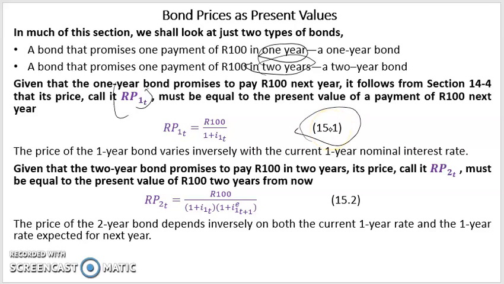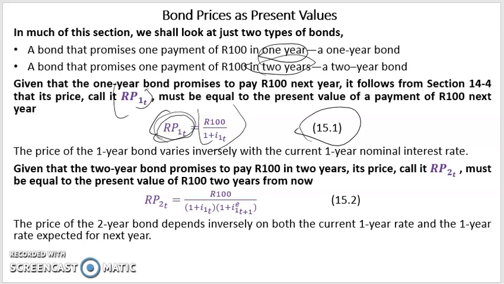This is shown by equation 15.1, which shows that the price of the 1-year bond is equal to the discounted value of what is promised to be paid by the bond. This equation basically tells us that the price of the 1-year bond varies inversely with the current 1-year nominal interest rate.